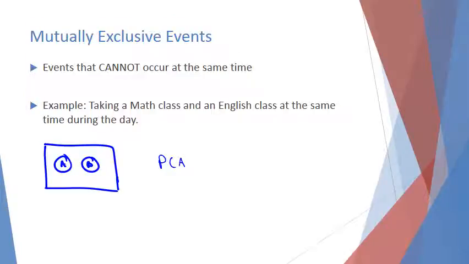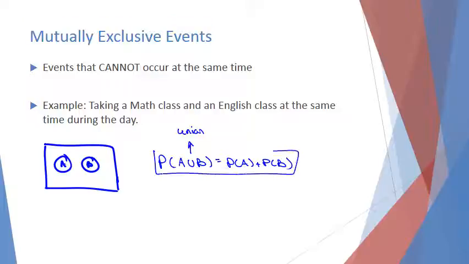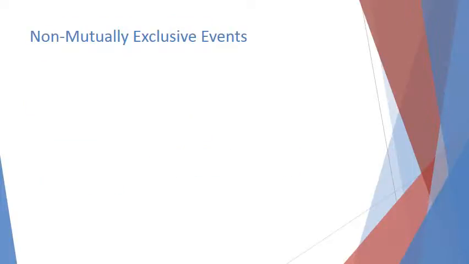Reminder, these are OR situations, so we're going to use that symbol there, which, if you remember, is union. And again, union and OR go together. So to figure out the probability of this or that happening, we would add the individual probabilities. That would be the formula in this case.